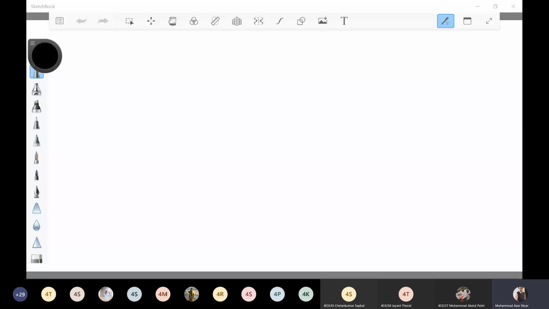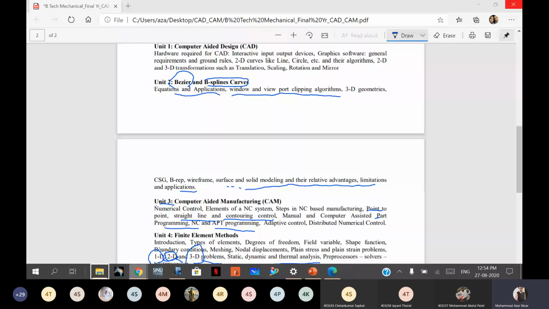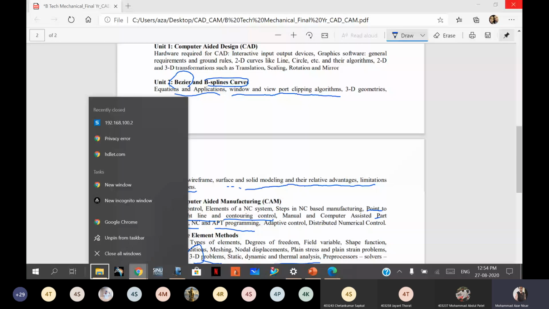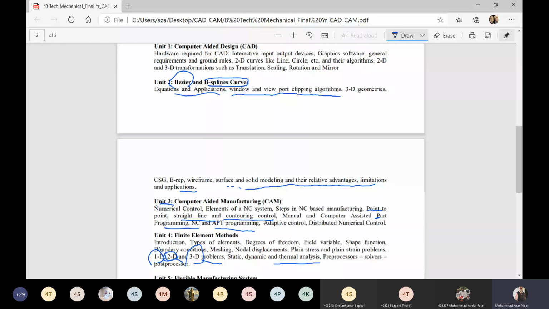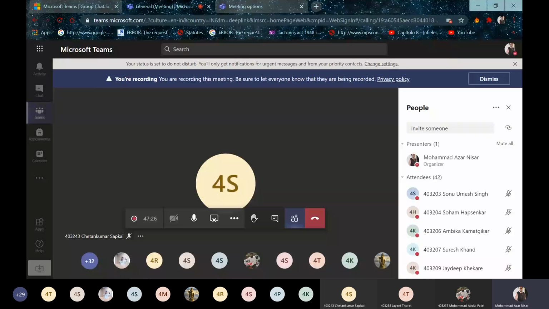So any question regarding the session? We have to practice two to three problems over Bezier curves. It is 100% asked in the examination, this kind of problem.